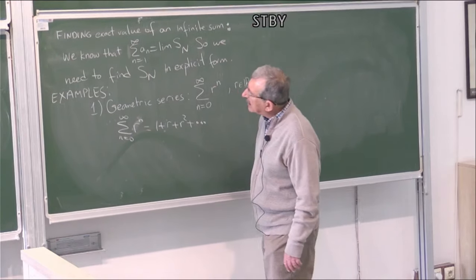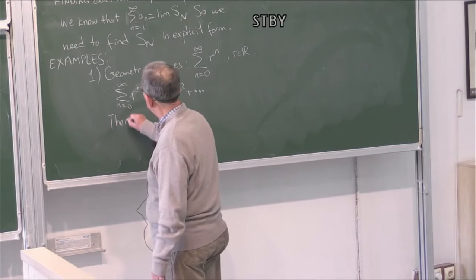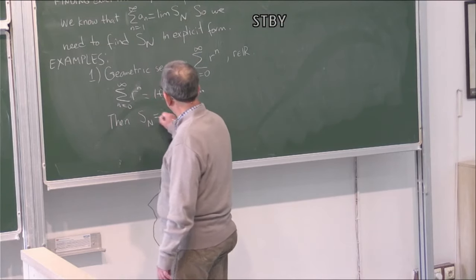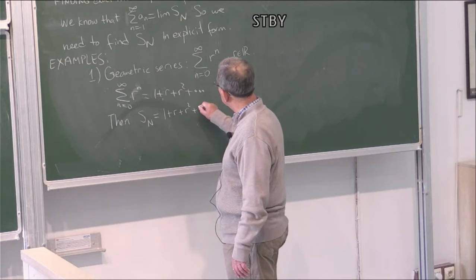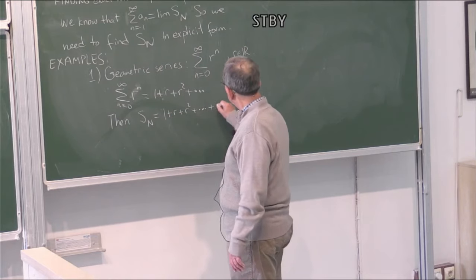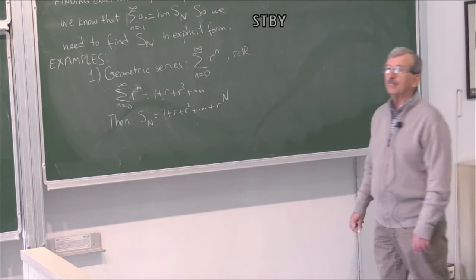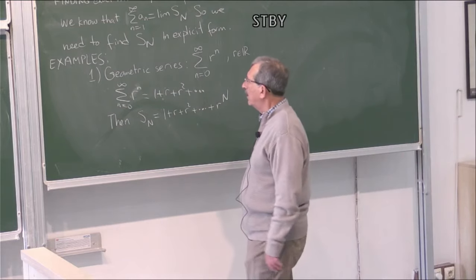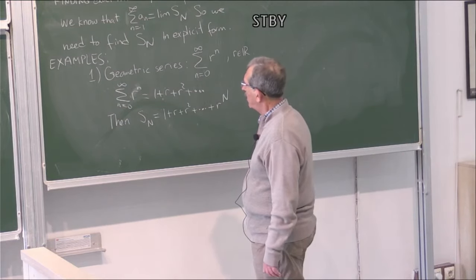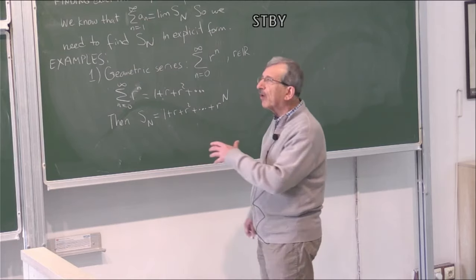Now to find Sn, you have 1 plus r plus r squared plus, you stop at r to the n. Well, here there is an indexing problem.